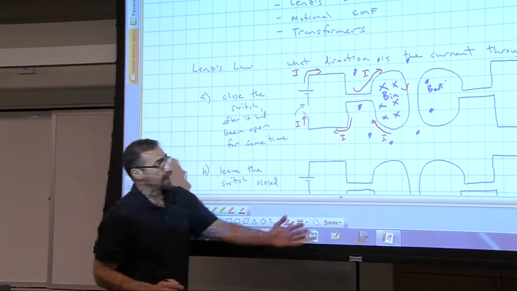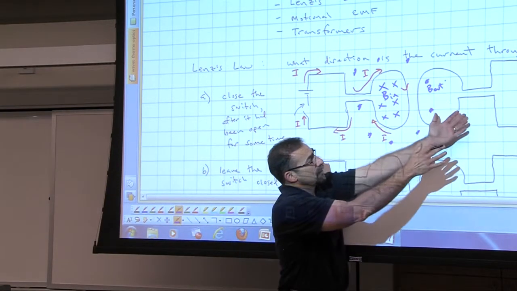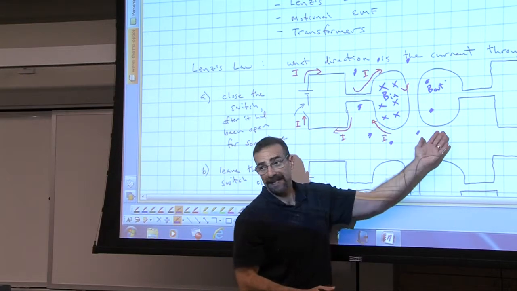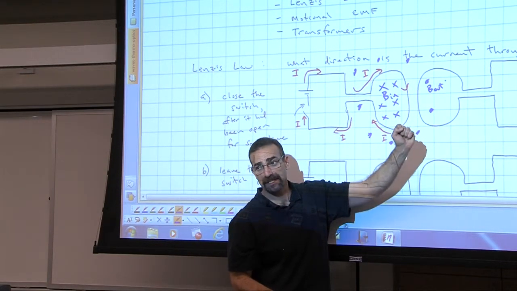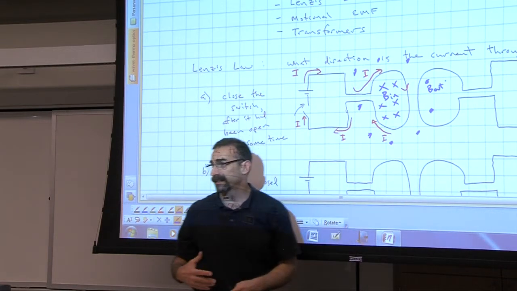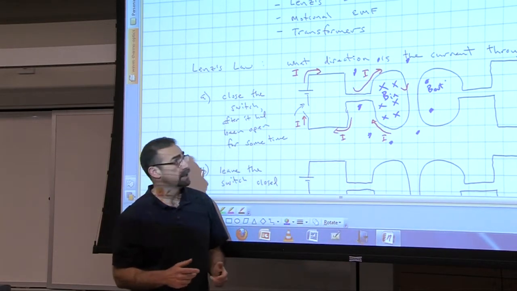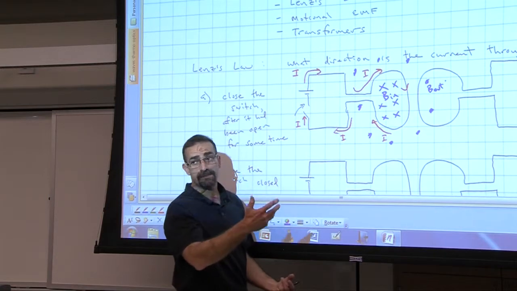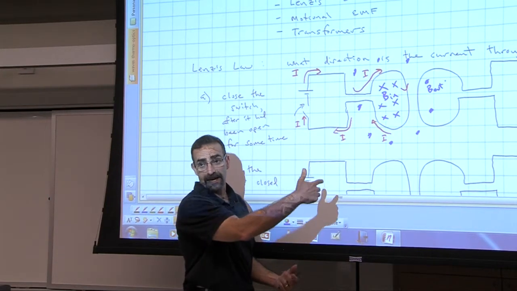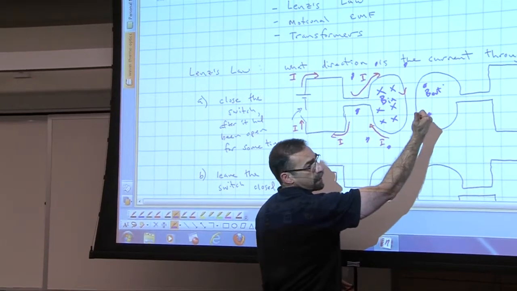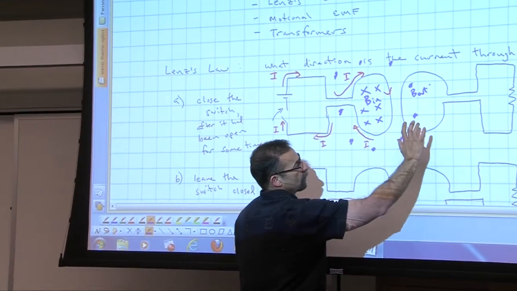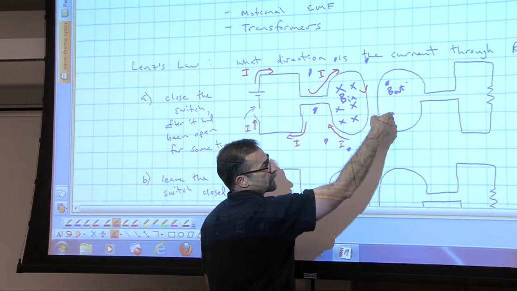So the loop on the right, a split second earlier, there was no magnetic flux through that loop. Now, there's a magnetic flux through the loop. So a current gets set up in that loop, and it produces its own magnetic field to counteract that change in flux. So we had an increasing flux out of the board, so a current would get set up to have its flux into the board.